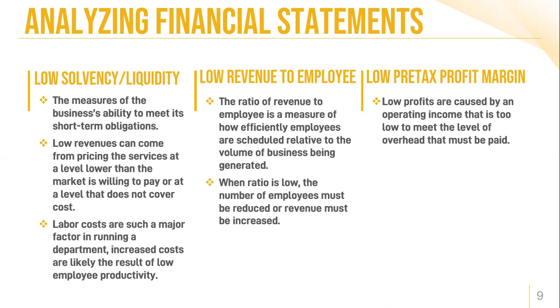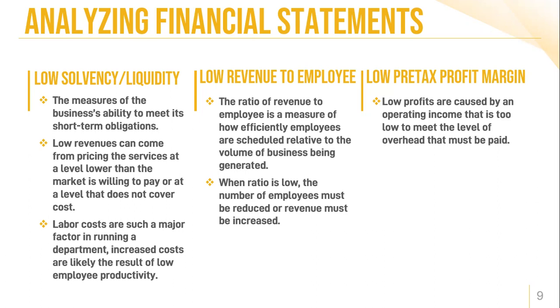People do not really want to buy your product. So when you open a resort, you have to know whether your resort meets the demand of the customer or not. When your resort does not meet customer demand, you will have this financial statement problem, that is low solvency or low liquidity.